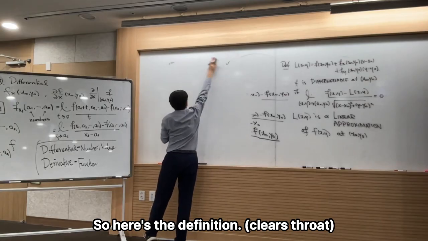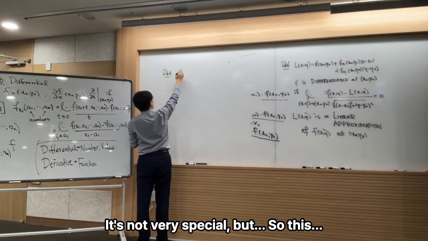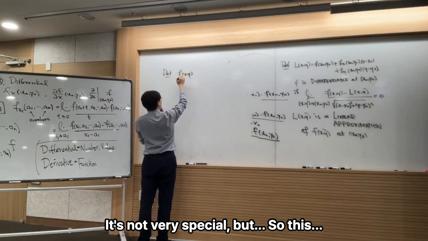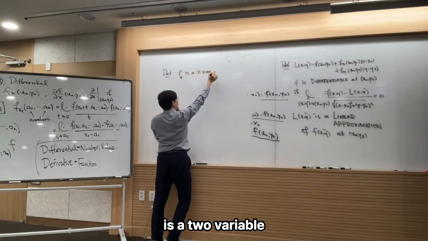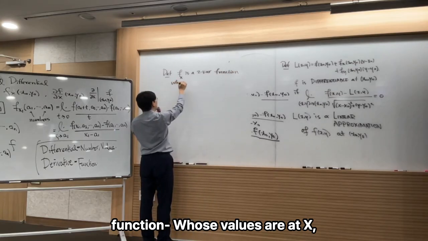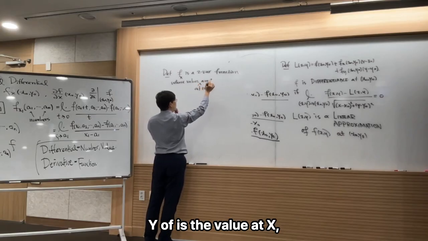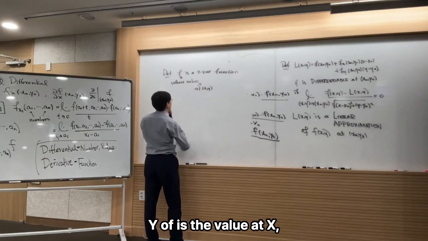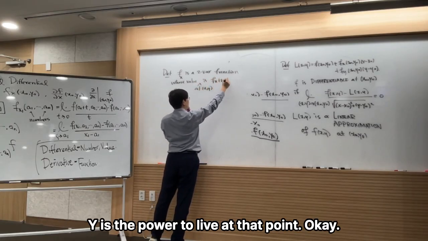So here's the definition. It's not very special, but this is a two-variable function whose value at x, y is the partial derivative at that point.